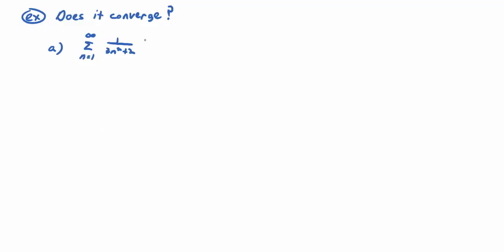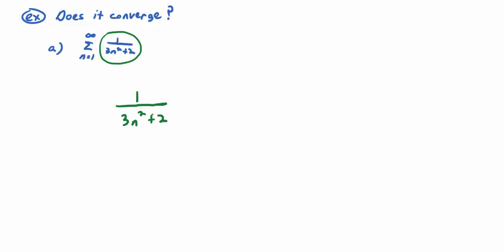We need to figure out what we're going to compare. So the given sequence of terms that we're summing, 1 over 3n squared plus 2, we need to figure out what to compare that to.